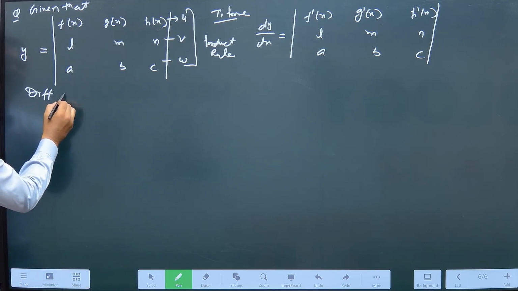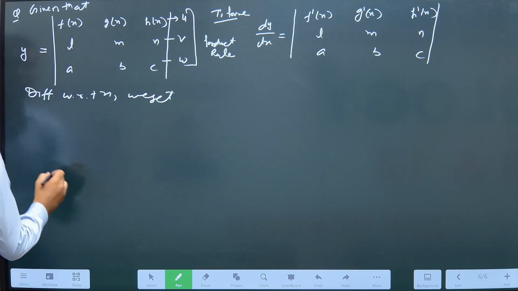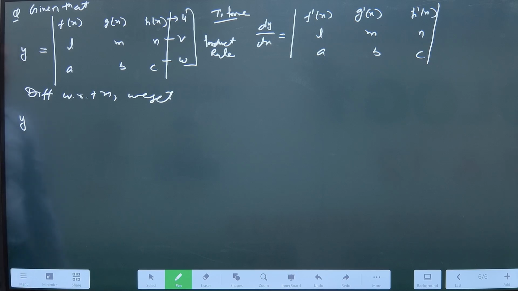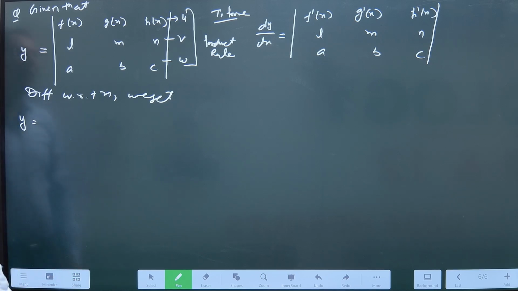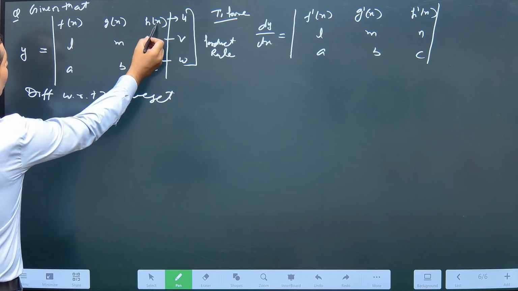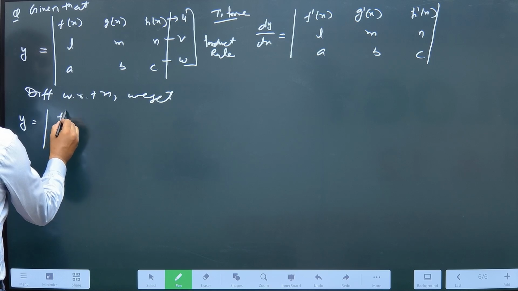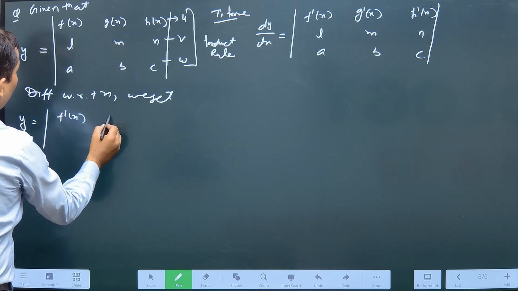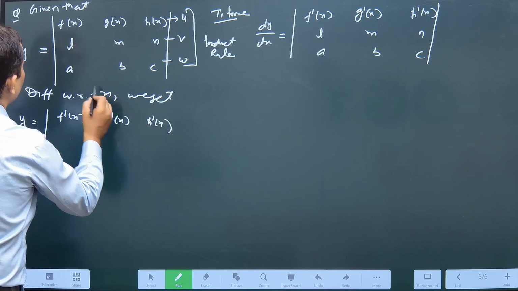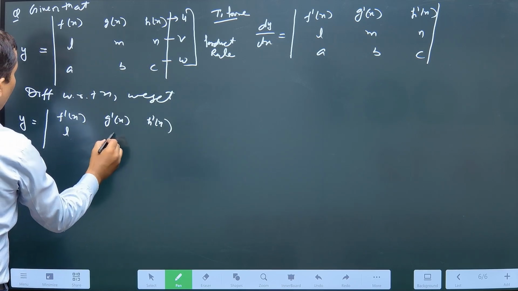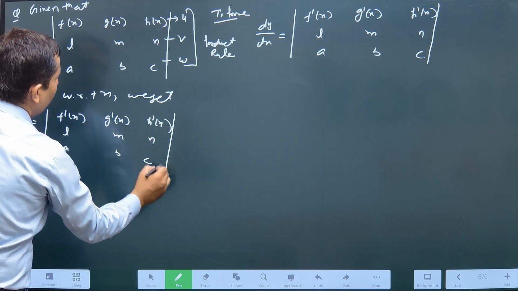Start. Differentiate with respect to x. Take that. Your dy upon dx is equal to derivative of u, that is f dash x, g dash x and h dash x. Write down this L M N A B C. Understand beta?